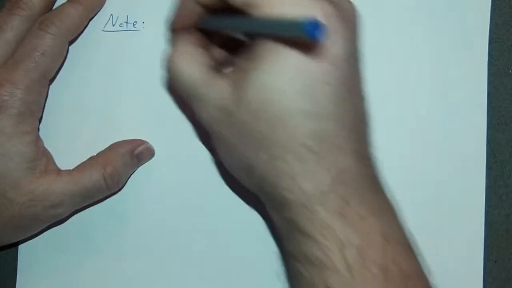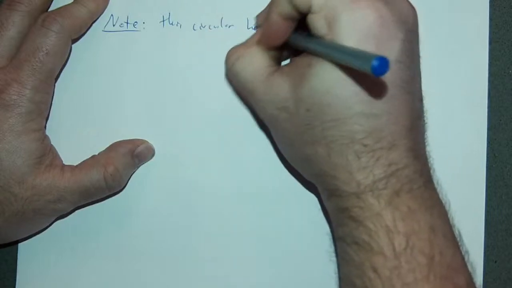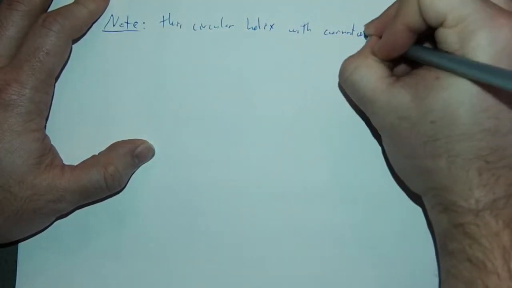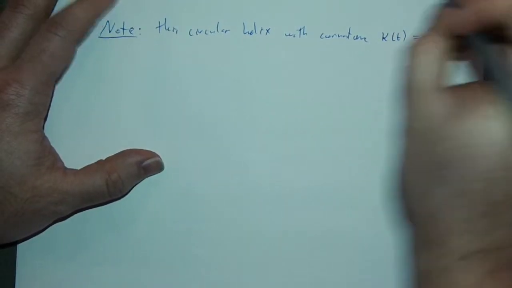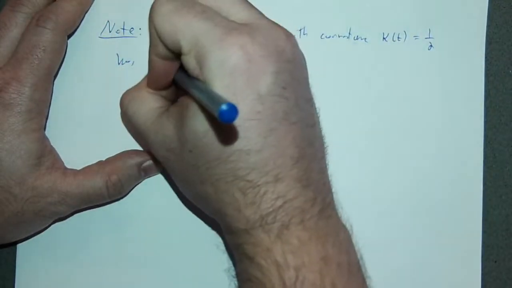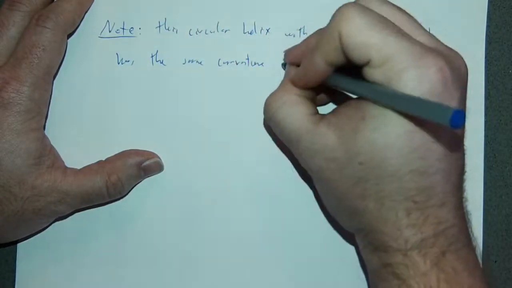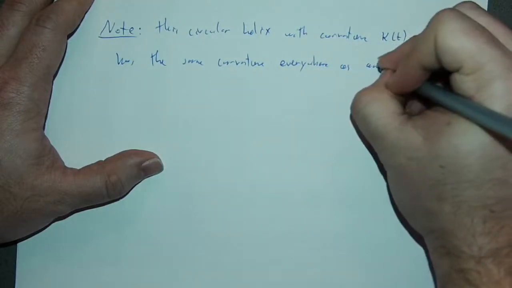Note this circular helix, with curvature, again constant, has the same curvature everywhere as another curve in space.